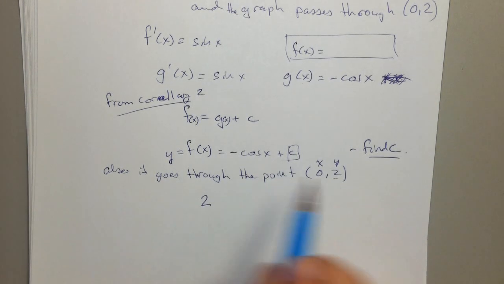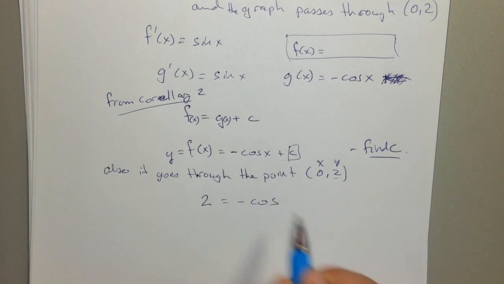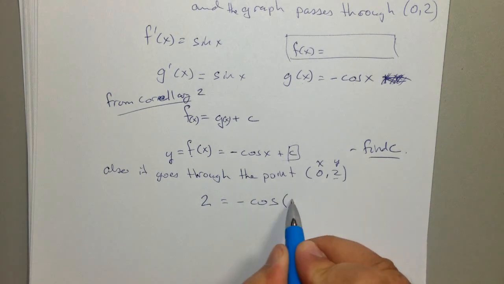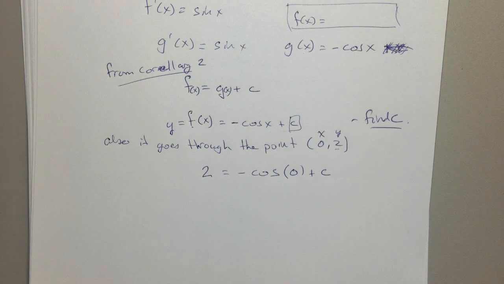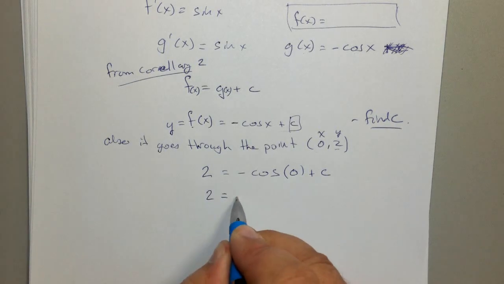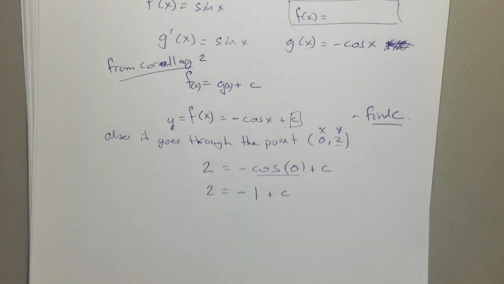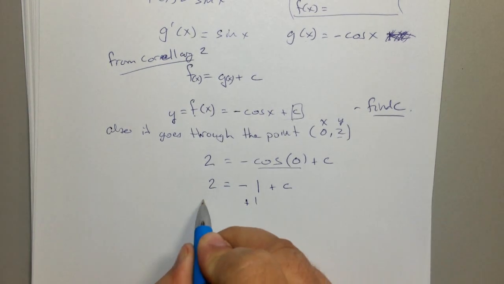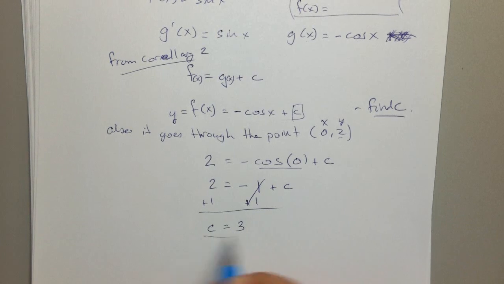We know the y value, which is f of x, equals 2. Negative cosine of x, x was 0. Cosine of 0 is 1. Add 1 to both sides. So this value of c equals 3.